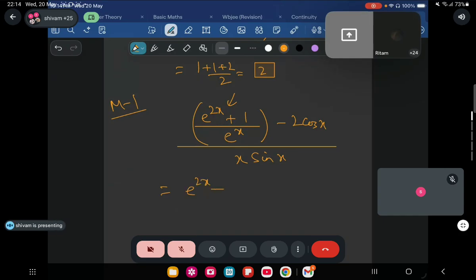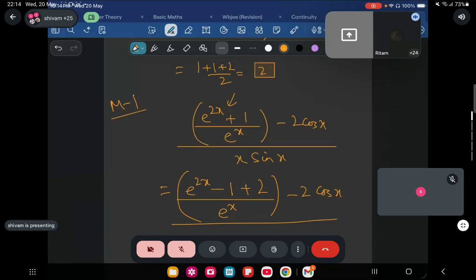Okay, so what do we need to subtract? Minus 1 plus 2 divided by e to the power x, minus 2 cos x divided by x sin x.